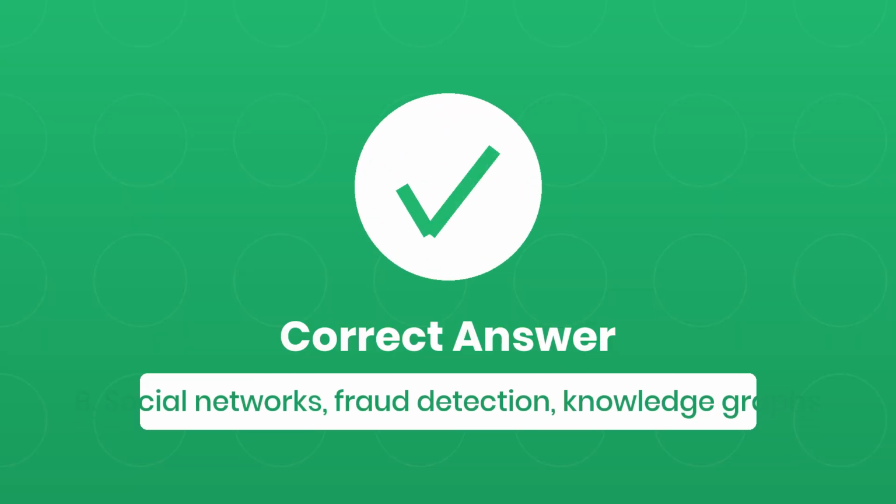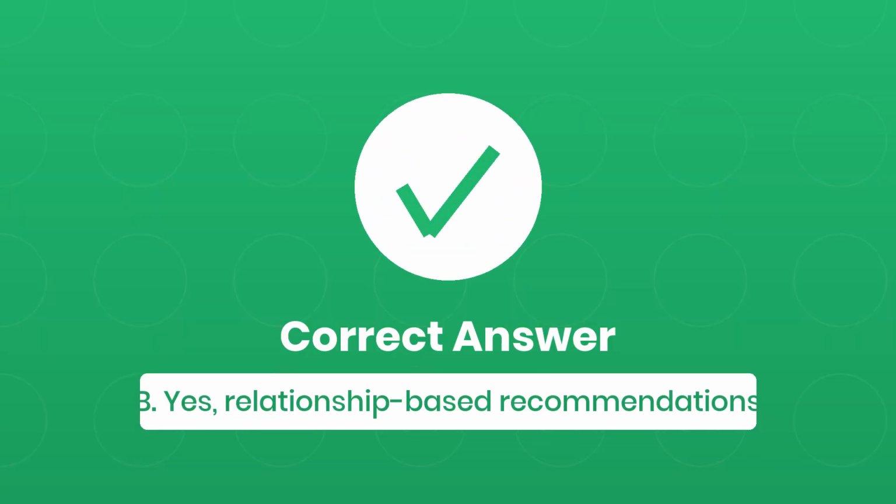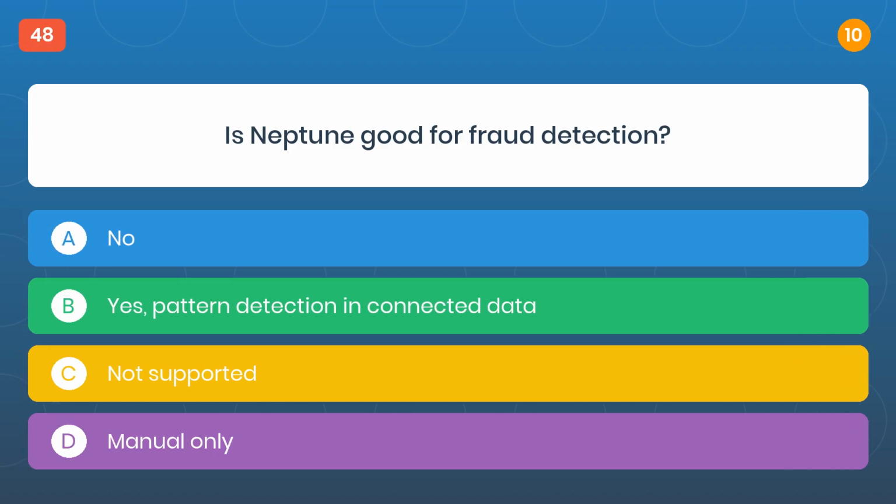The correct answer is B, social networks, fraud detection, knowledge graphs. Question 47. Can Neptune handle recommendation engines? The correct answer is B, yes, relationship-based recommendations.